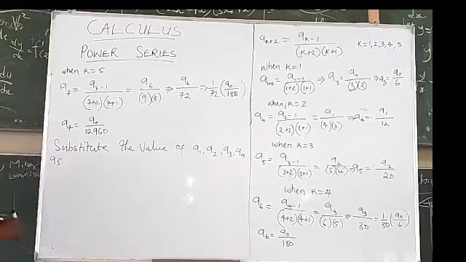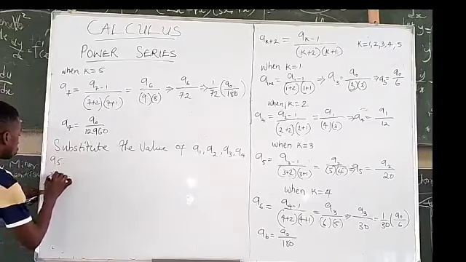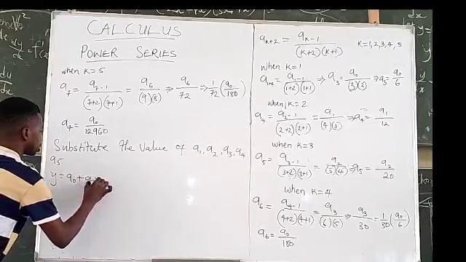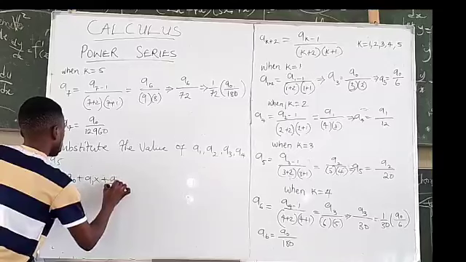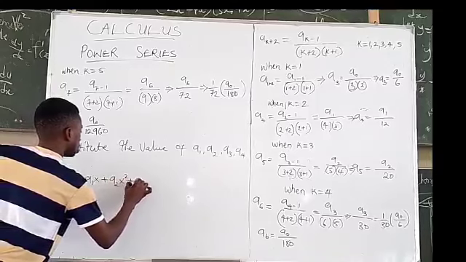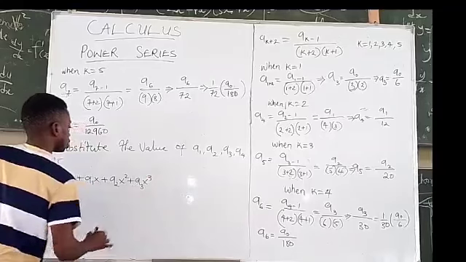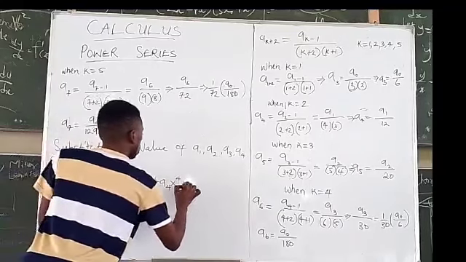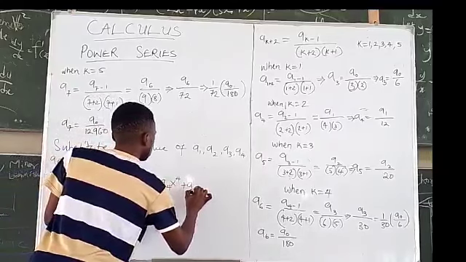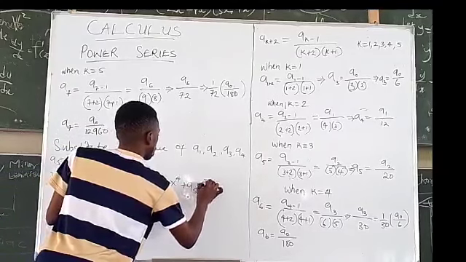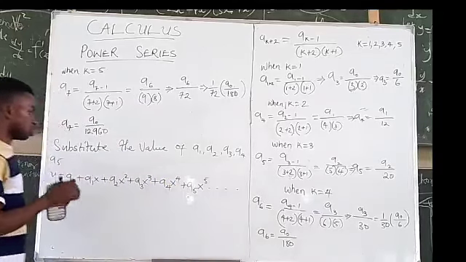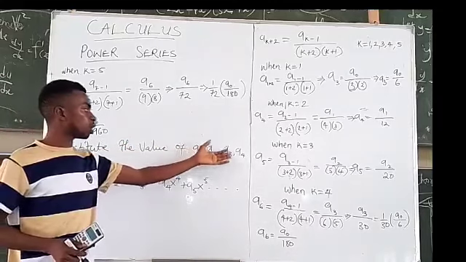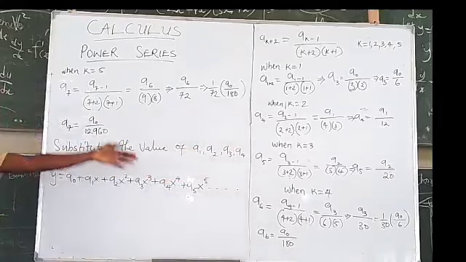Let's substitute it into our first equation, which was y equal to A naught plus A1x plus A2x squared plus A3x to power 3 plus A4x to power 4 plus A5x to power 5, which went to infinity. We are going to substitute the values of A1, A2, A3, A4, A5 into this.